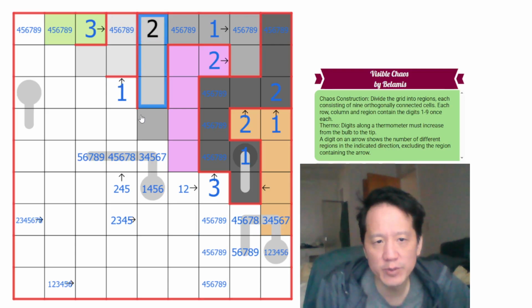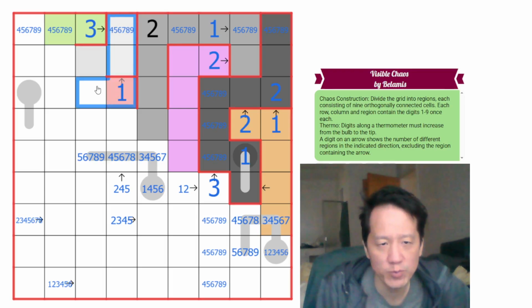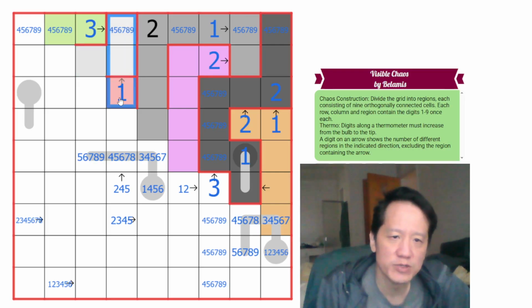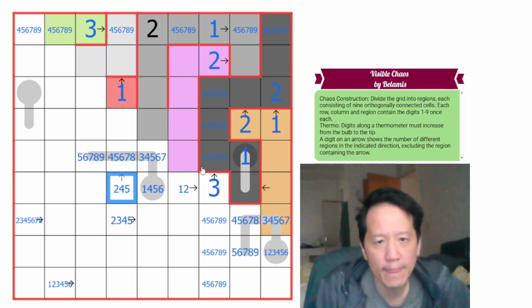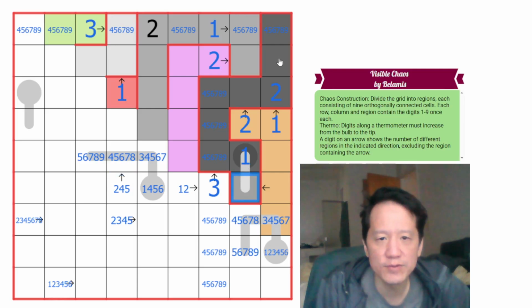Okay, so this cannot be part of that region. This cannot be part of the green. So we're going to make it can't be part of the light because this is its own separate region. Because otherwise, if it were part of the same region, then this would be 0, essentially. This can't be 3. So 3 is one of these two. We're not sure which.